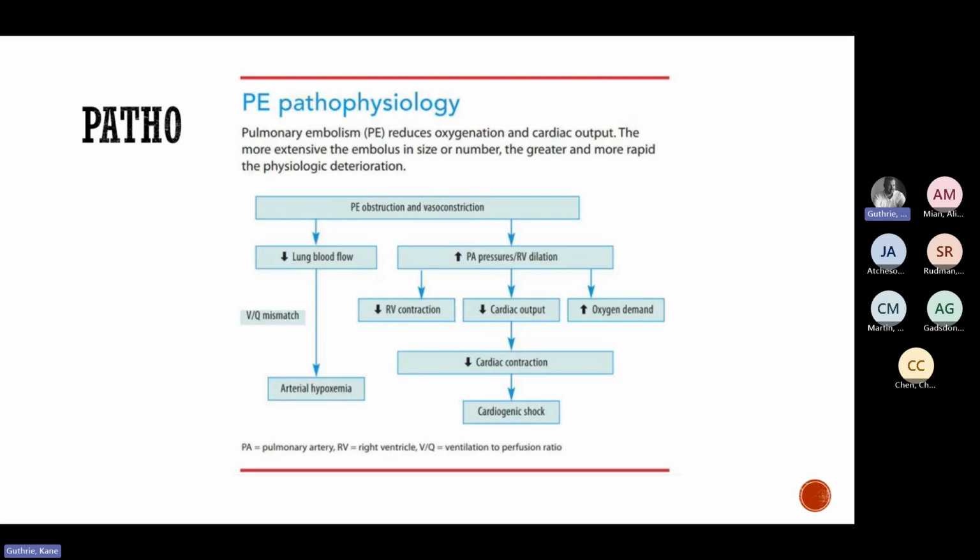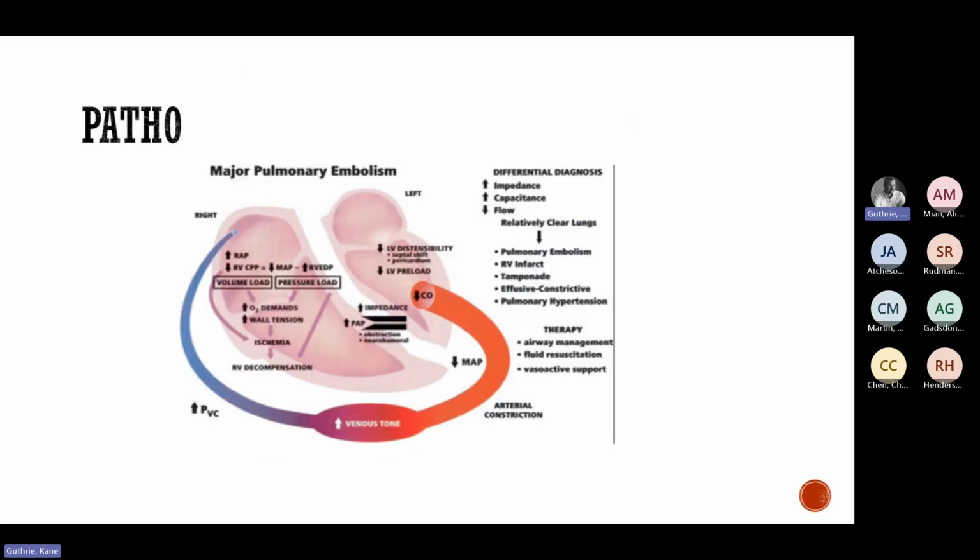When we look at heart failure and shock states and cardiac states, we used to always look at the left ventricular side of things. But the right ventricle, it's a bit of a princess and it doesn't tolerate much insult to it. And it doesn't compensate as well as the left ventricle does. So we need to appreciate right ventricular failure. And one of the biggest causes is acute pulmonary embolus.